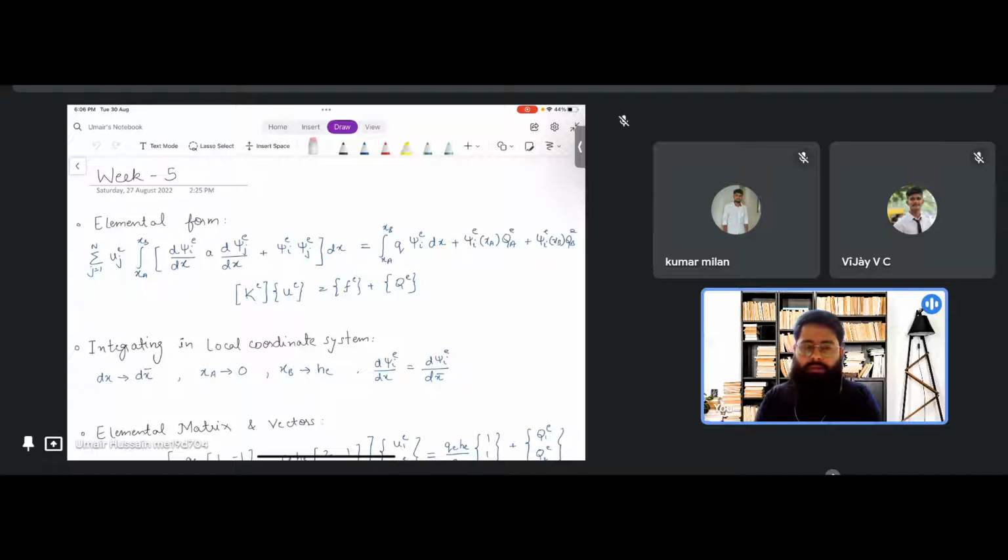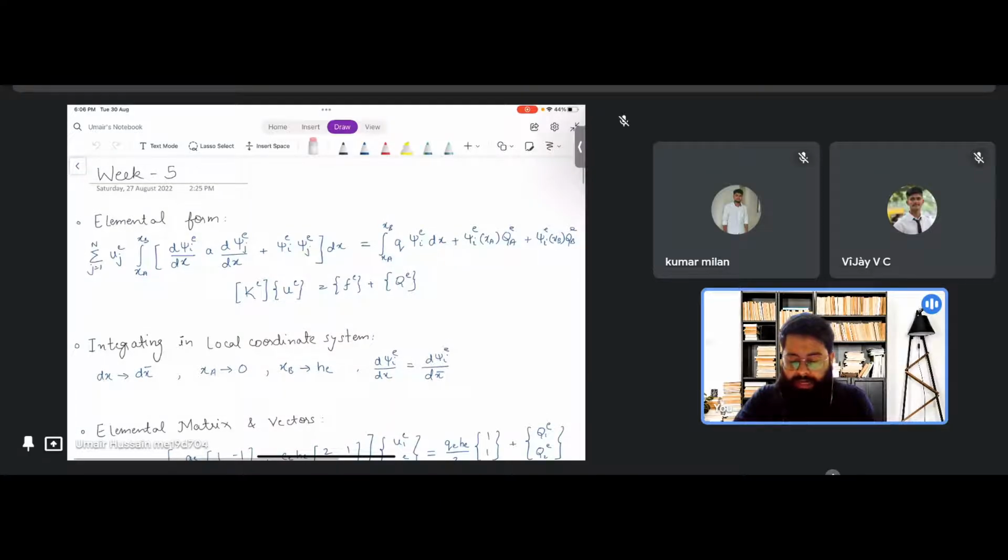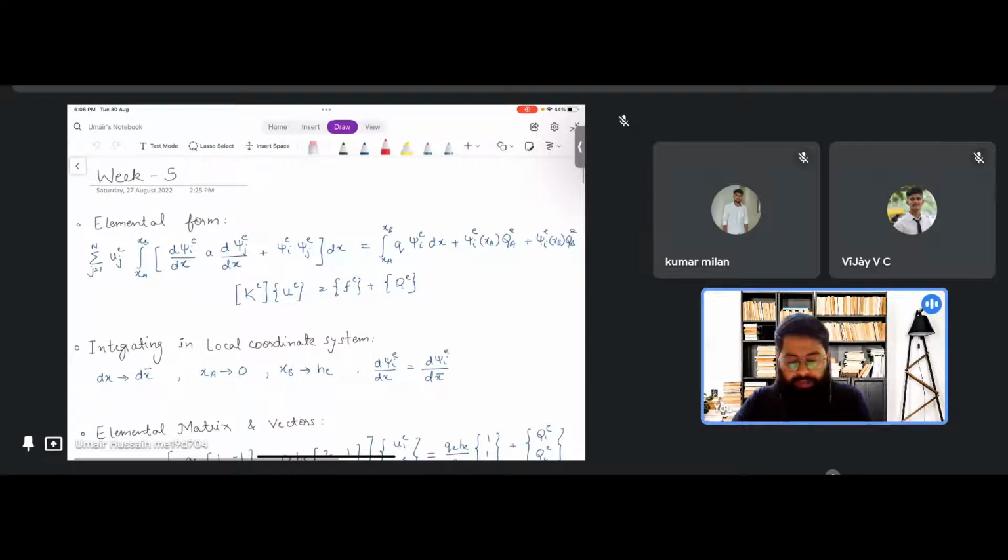some basic steps on how we proceed with FEM. FEM starts with writing the weak form, and we write the weak form for the elemental form. After writing the weak form, we estimate the solution vector.